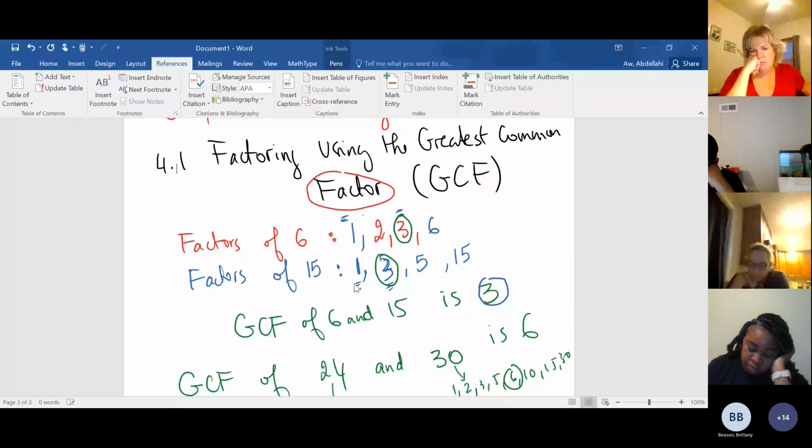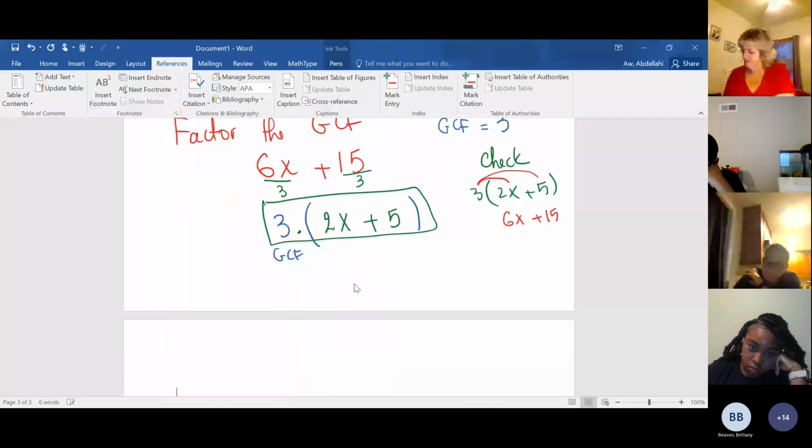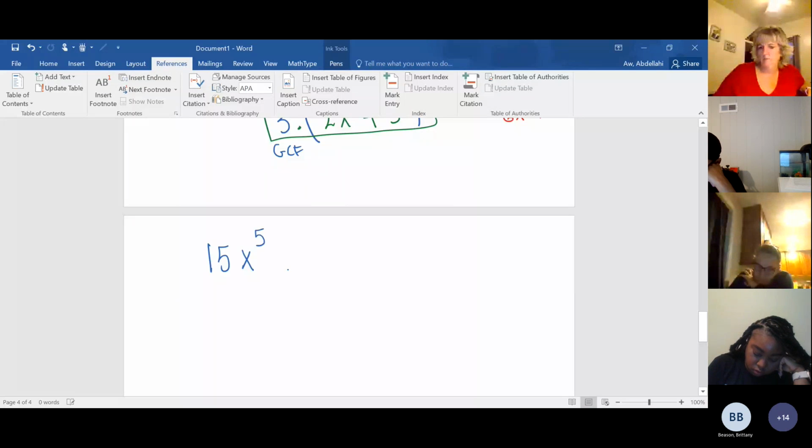Okay, so now let's do a more complete example. We have 15x to the 5th minus 12x cubed plus 3x squared.